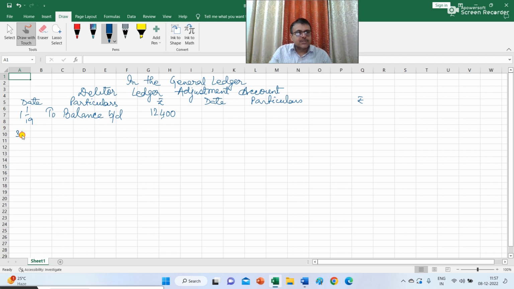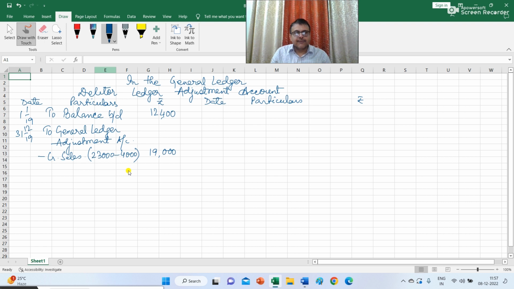So on 31st December 2019, I have to write on the debit side to general ledger adjustment account. And below this, I am writing the amount of credit sales. So you need to subtract 4,000 from 23,000 and the total amount of credit sales being 19,000.